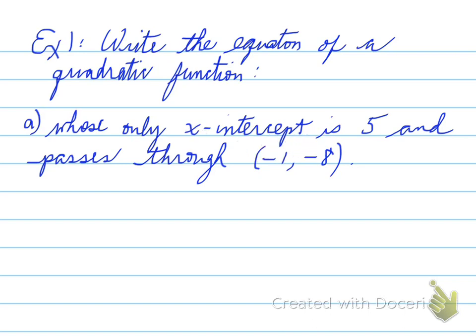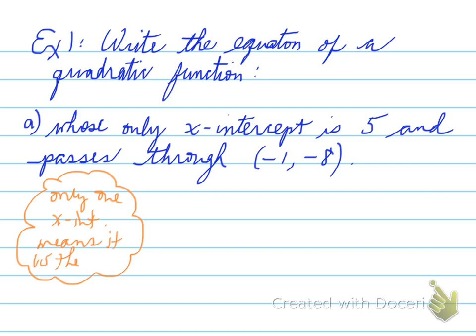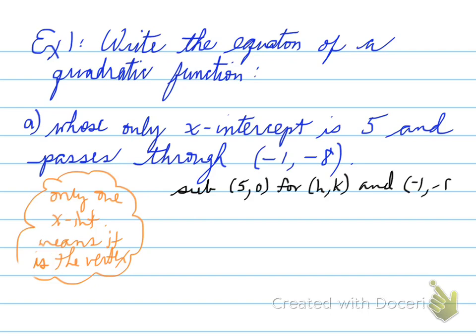So we will use the vertex form to find the equation. We want to plug in (5, 0) for h and k, and (-1, -8) for x and y into the vertex form of a parabola.